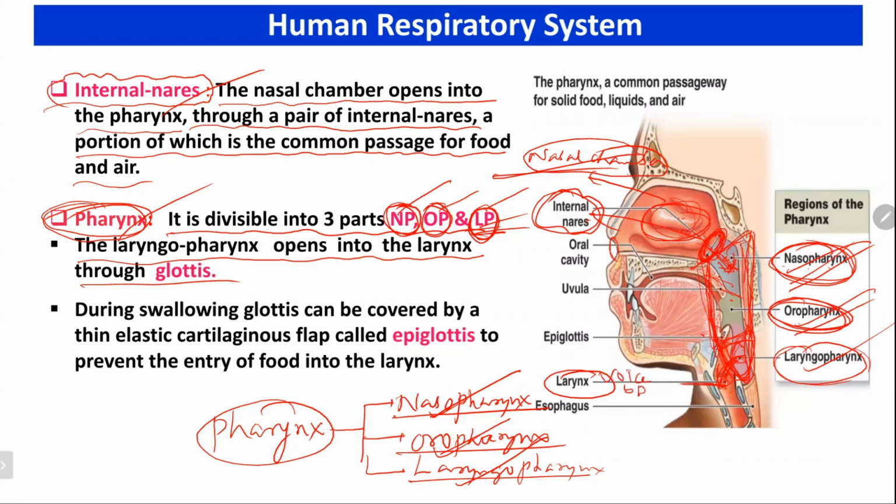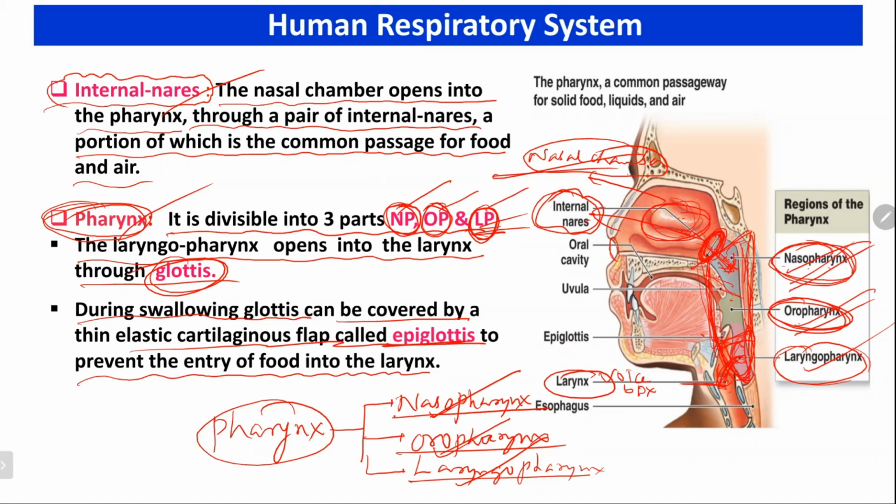It opens through an opening called the glottis. The glottis is covered by a cartilaginous flap called the epiglottis. During swallowing, the glottis is covered by an elastic cartilaginous flap called the epiglottis. This epiglottis prevents the entry of food into the larynx.